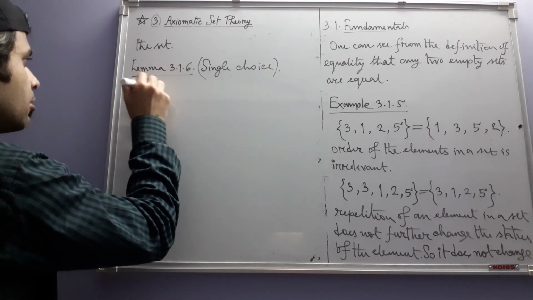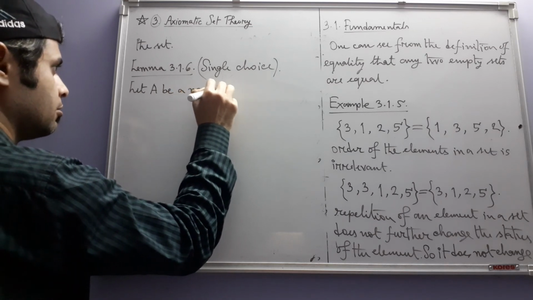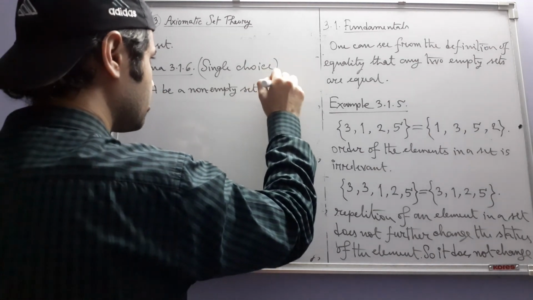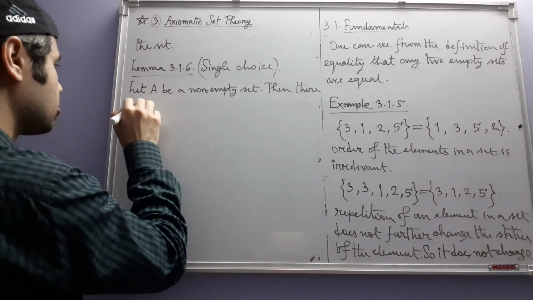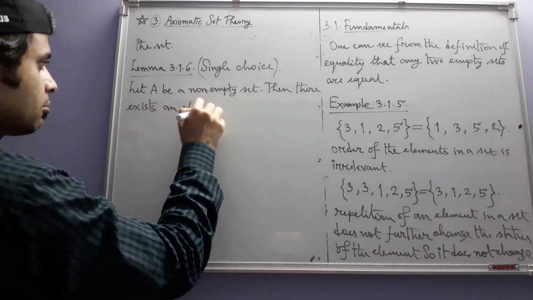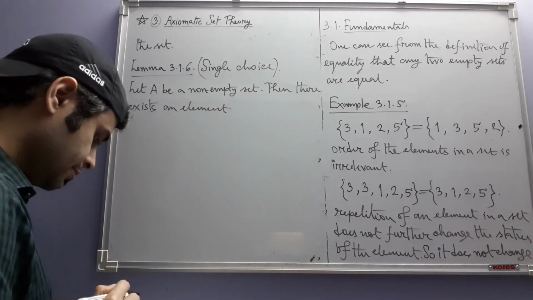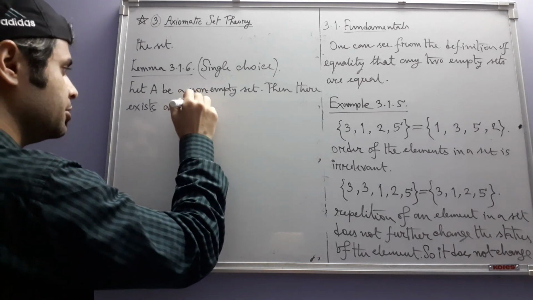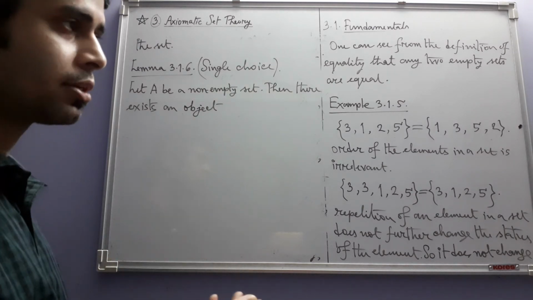Let A be a non-empty set, then there exists an object, or should I phrase it like this, there exists an object x such that x belongs to A. See, when we say object, we are not sure whether it is an element of the set or not.